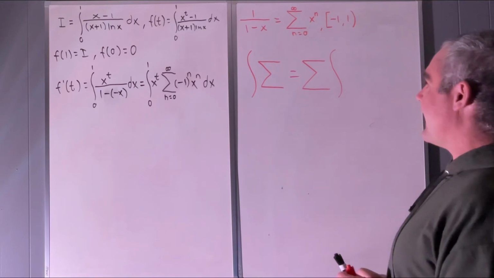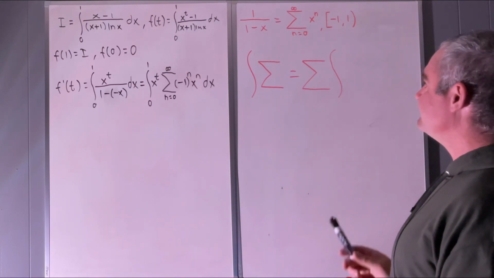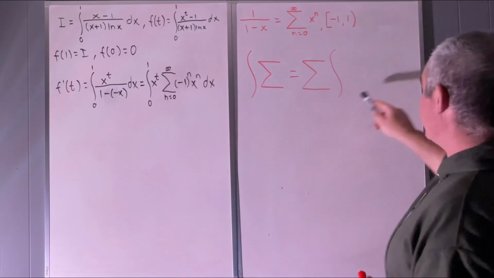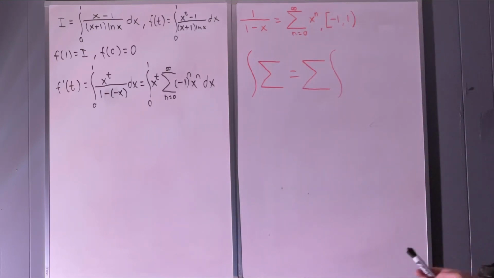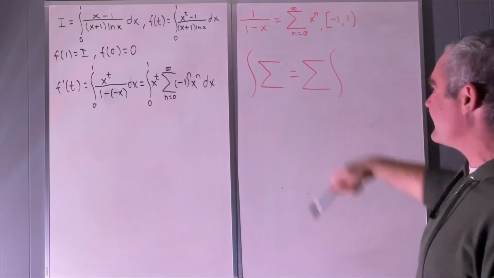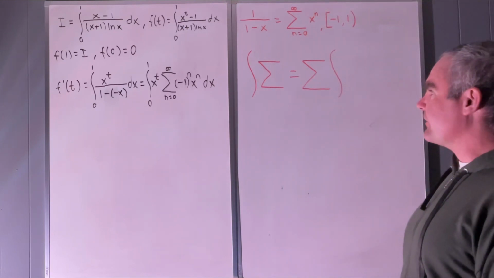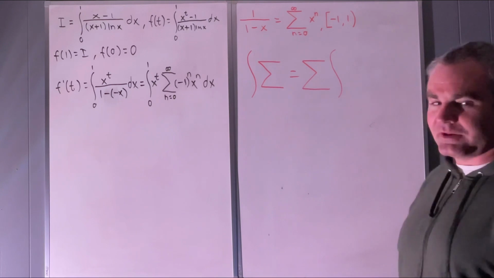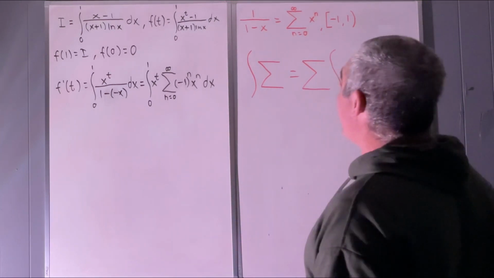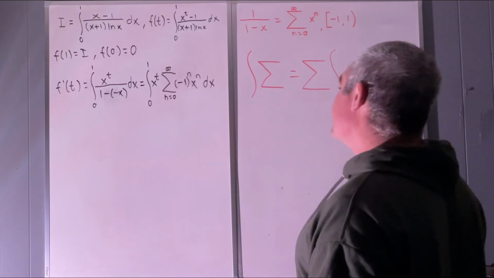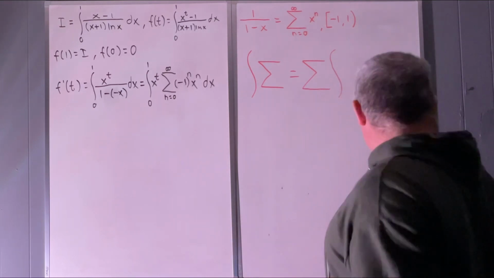Okay, now what next? We're going to utilize this fact. I believe it's called Fubini's theorem, and it just states that you can interchange an integral and a sum sign under certain conditions. You just have to make sure that there's no problems with convergence, and in this case there isn't.